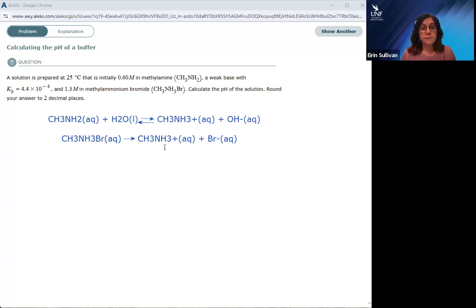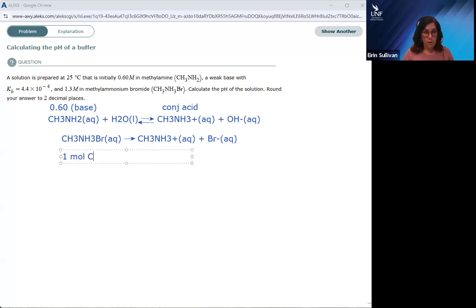Okay, so this is my conjugate acid of my weak base. The base is the methylamine, so that is the 0.60. That is our base. That is our conjugate acid. We want to know the concentration of the methyl ammonium ion coming from the ionization of the salt. As you can see, there's a 1-to-1 molar ratio.